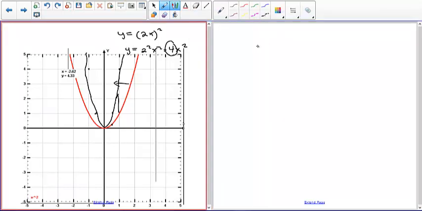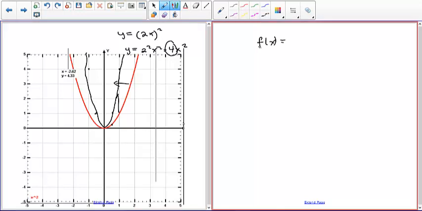So now what happens if I do f of x equals 1 over 2x? So there you can see that since I'm multiplying, this is kind of like this one. So I should shrink it in the x direction, but it's going to look different.